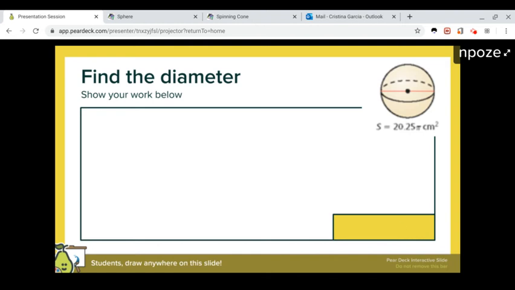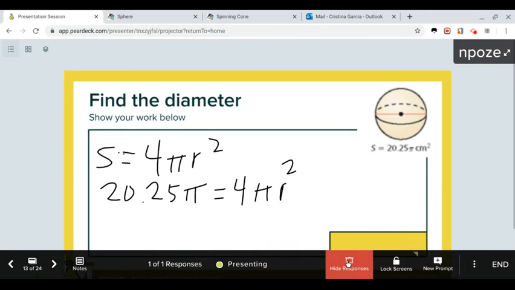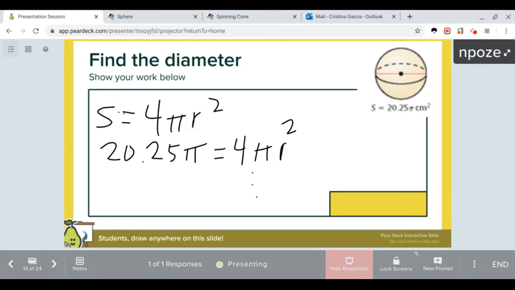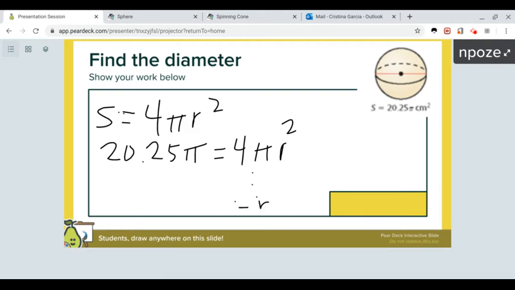Okay, so I'm going to show their responses just to see what they're thinking, what the process is like. So the surface area equals 4 pi r squared, correct. Then all they're doing is plugging this in here. And then obviously you would be solving for r, whatever r is.